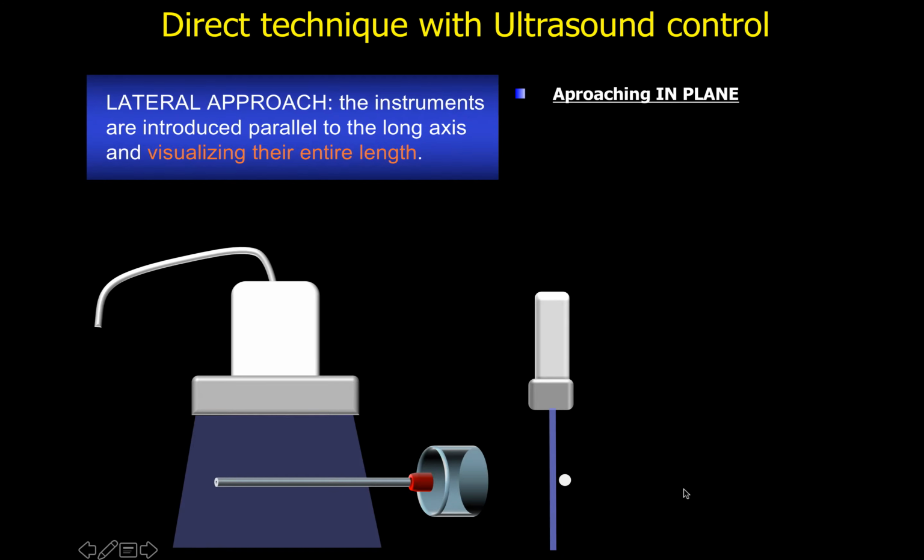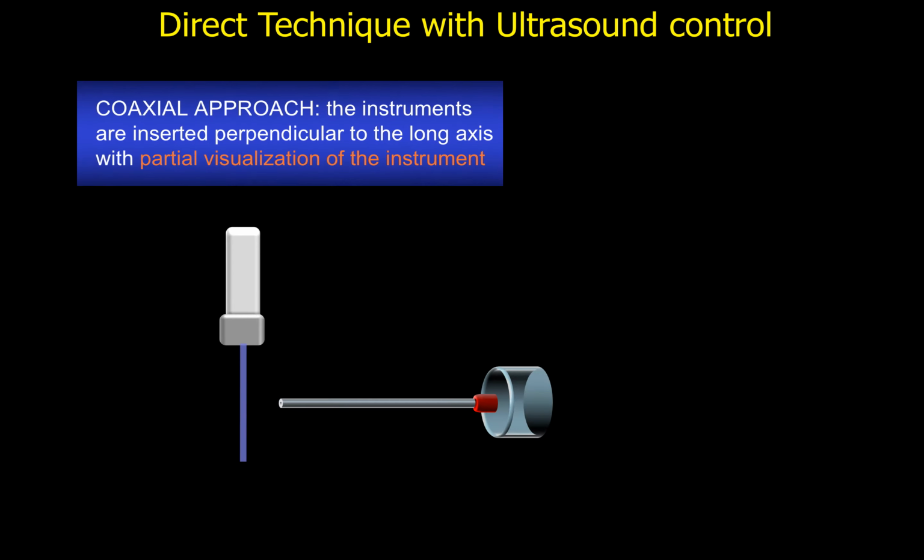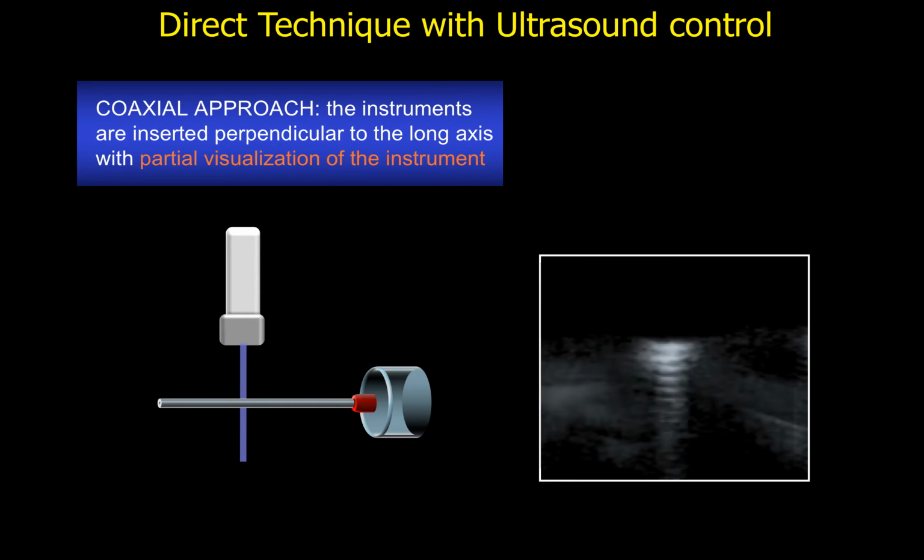This is why the anesthesiologists speak about the approach in plane. On the other side, the coaxial approach is a perpendicular approach. The instrument is inserted perpendicular to the long axis, and we will here see only a partial visualization of the instrument. We go through the sound beam and we see a point, a lightning with reverberation in the deep.